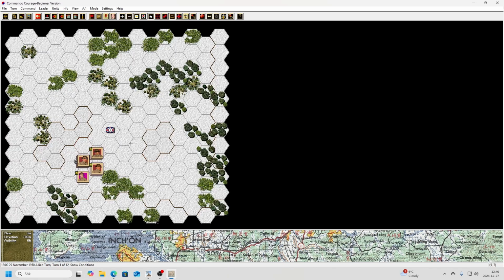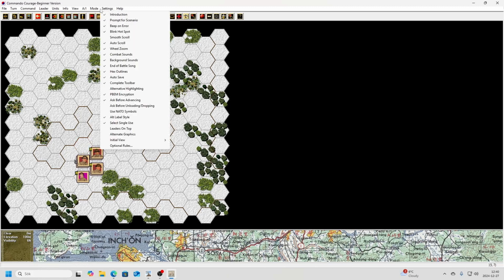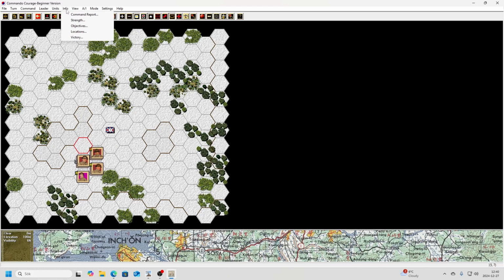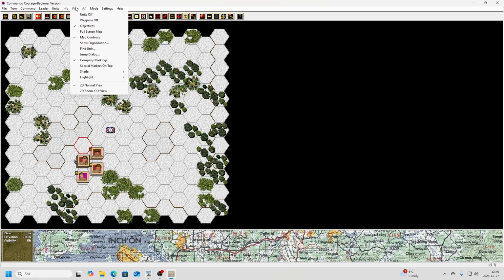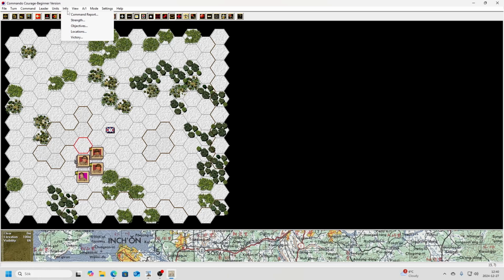They don't have the 3D or anything. As we know from the new version, they have changed the graphics a lot. But there are some things you can do in this as well. Sometimes I like to play with the hex grid off.